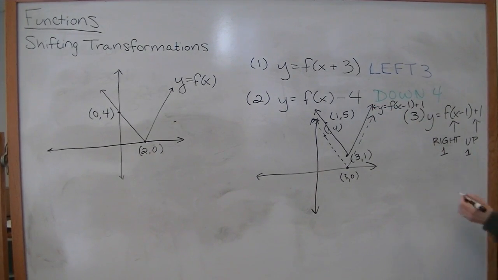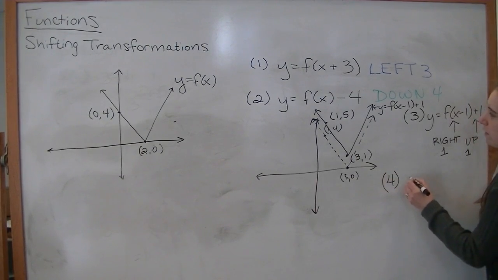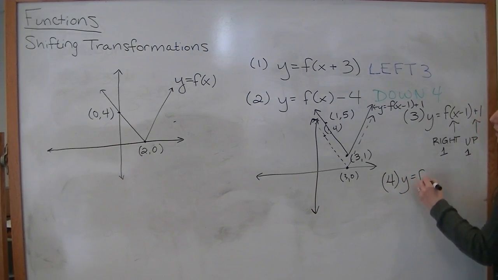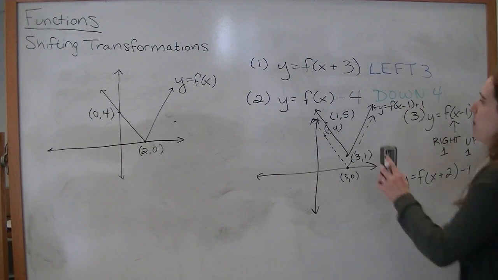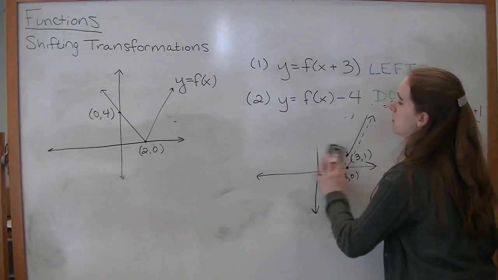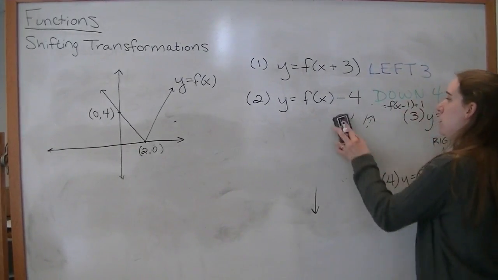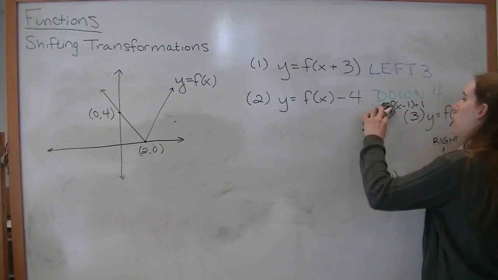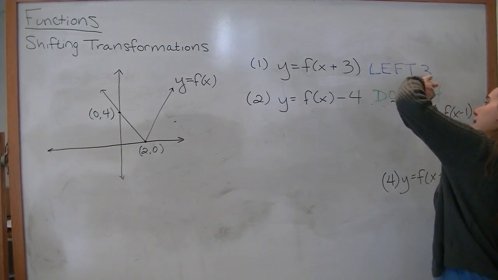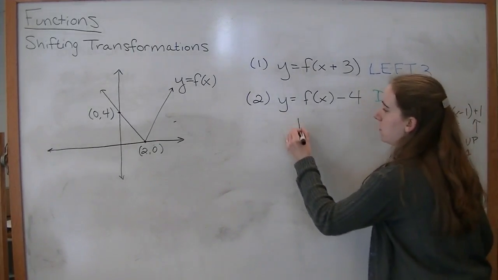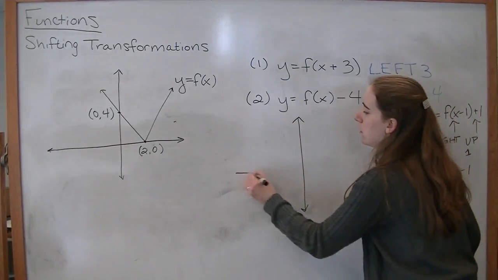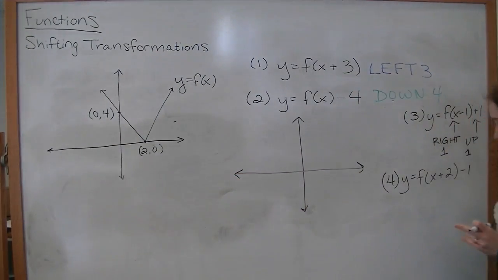Let's do one more of these where we have to do 2 different things. Let's take y equals f of x plus 2 minus 1. So again, we have two different things we have to do for this example.